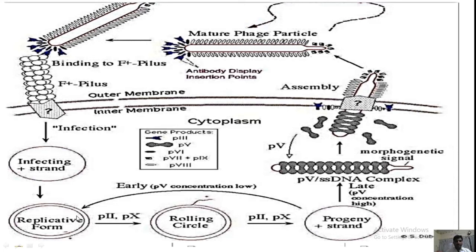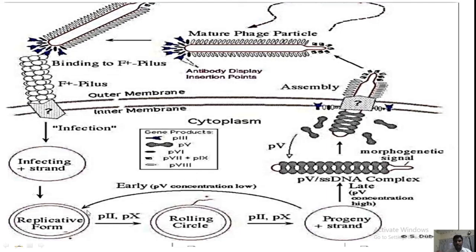During the first 15-20 minutes of the infection, the single stranded bacteriophage genome will be converted into replicative forms and hence makes ample copies of the replicative forms, because these replicative forms are important for transcription and for synthesizing copies of the phage genome.